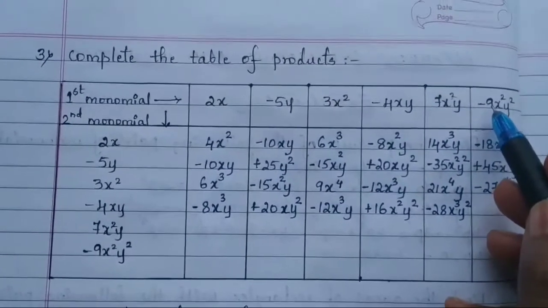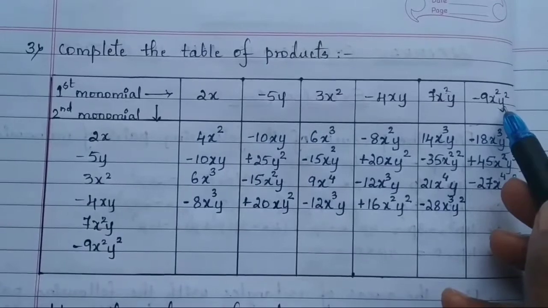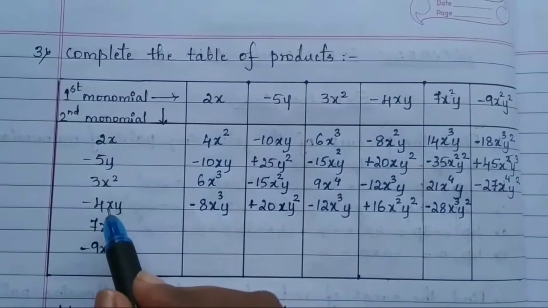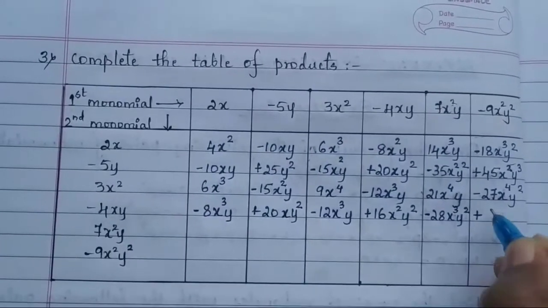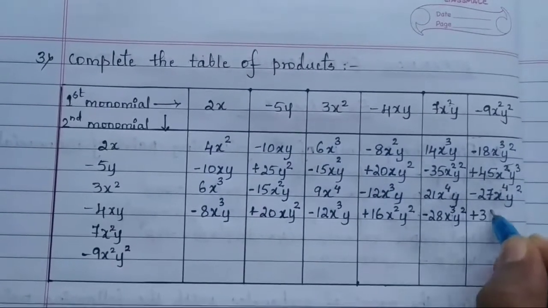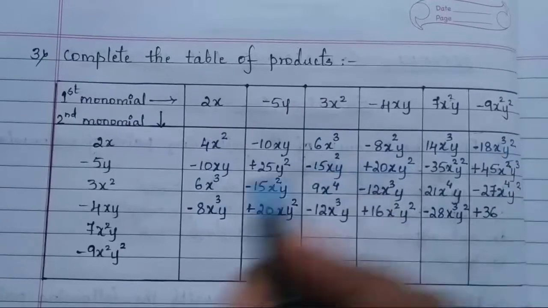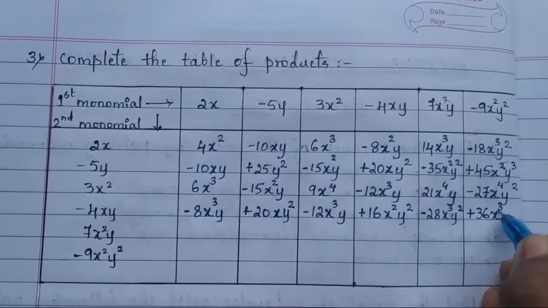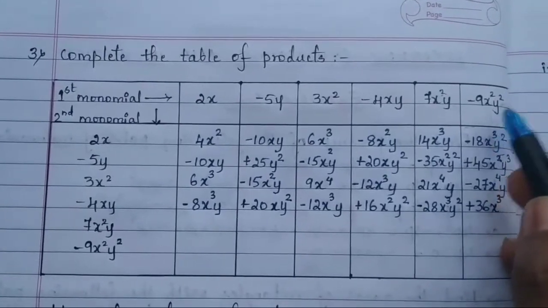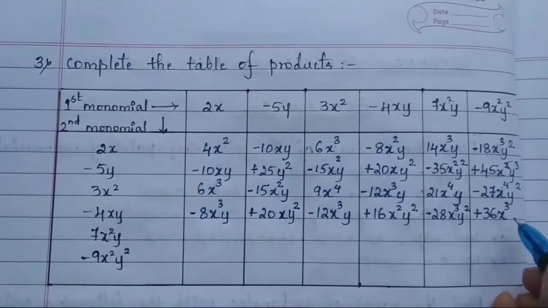Similarly here minus 9x square y square and minus 4xy. Minus into minus will become plus. 9 4s are 36 we will be having, and x square into x is nothing but x cube. Okay, y square into again y is y cube.